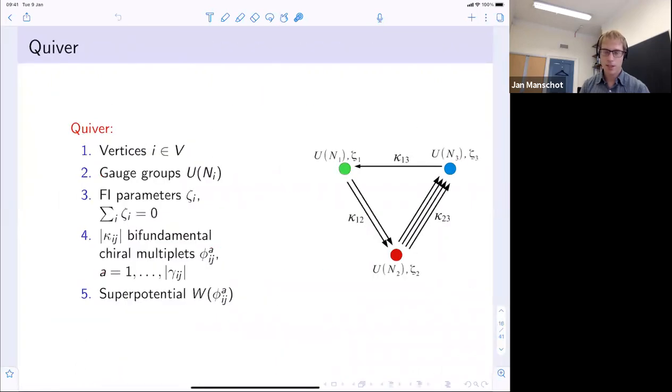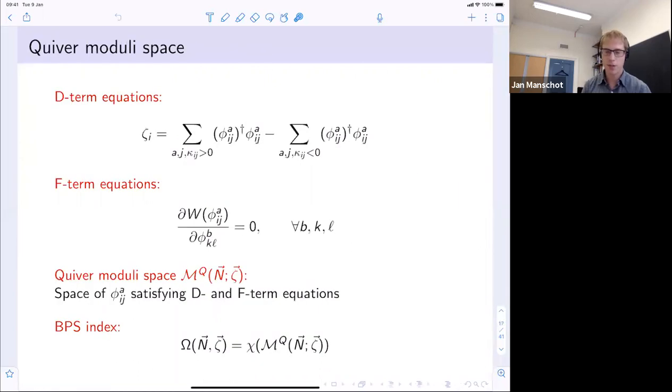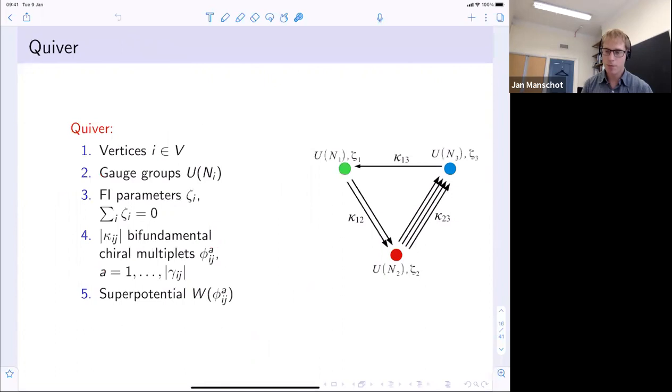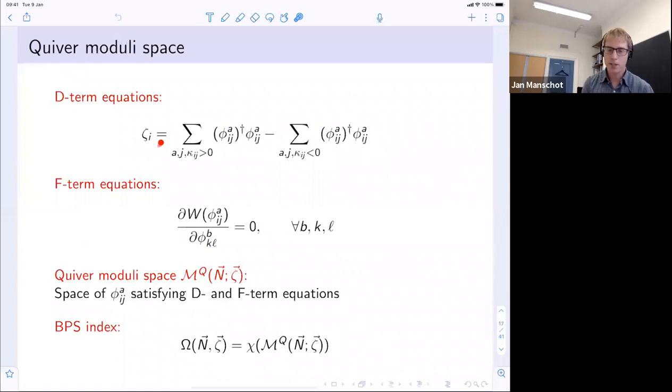So this quiver, or the quiver quantum mechanics, gives rise to a set of D-term equations, which is as follows. We have these fields phi, which map between the nodes, and they have to satisfy the following: if you take the sum of the outgoing arrows minus the incoming arrows, it should be equal to zeta_i. And then we have the F-term equations in the case when the superpotential is not equal to 0. It has to be satisfied for all b, k and l.